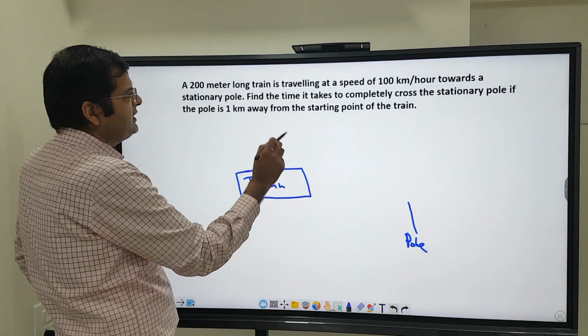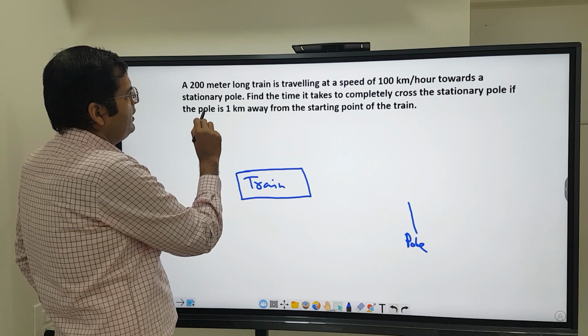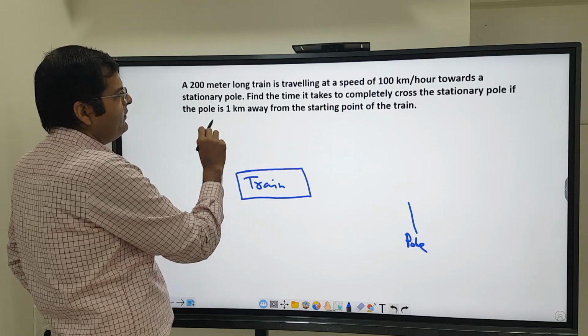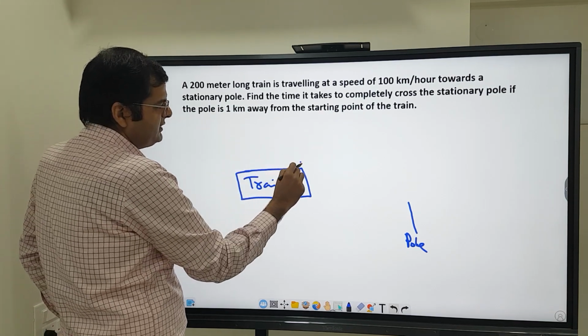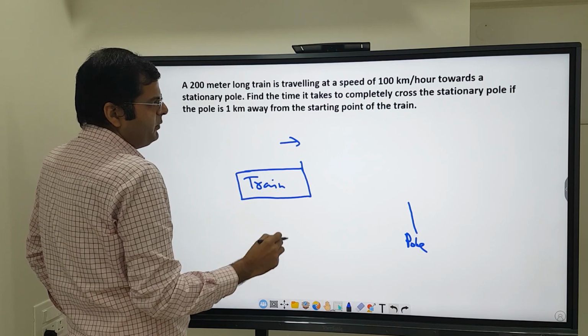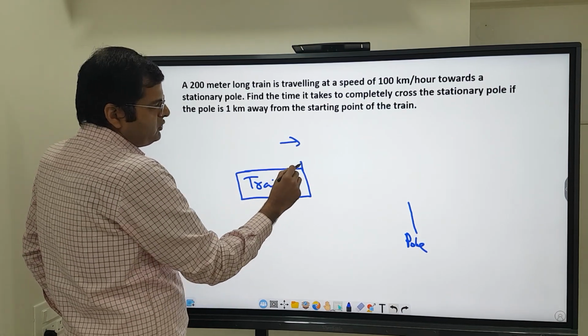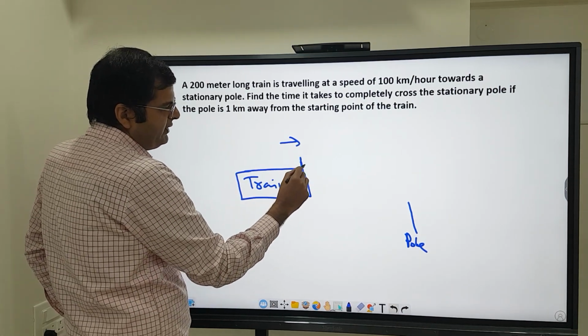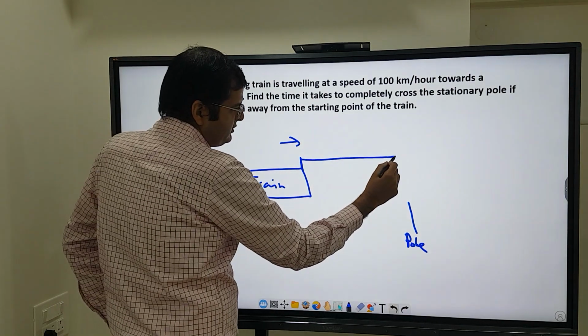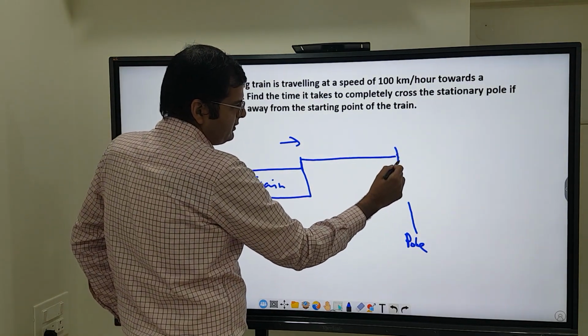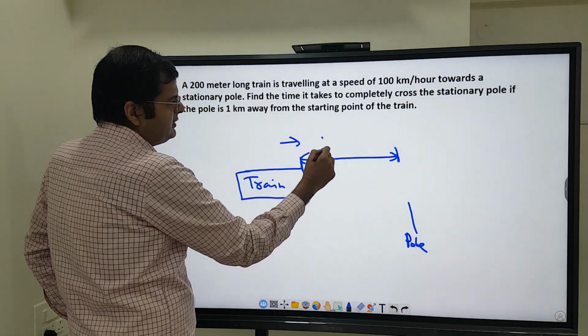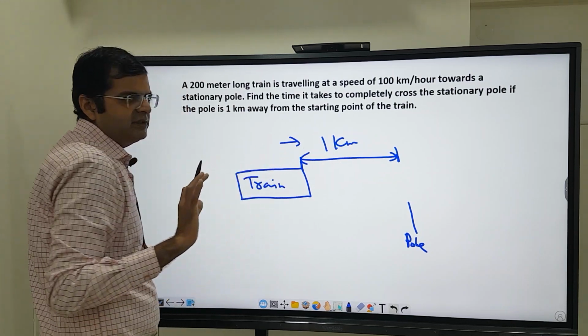Now, the distance is stated as 1 km away from the starting point of the train. So this is the starting point, and the train is moving towards the pole. From here, the distance to the pole is 1 km, given to us.